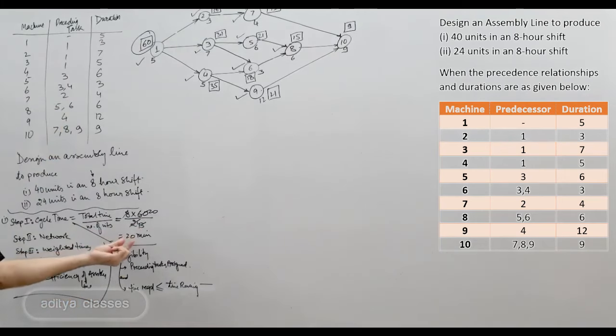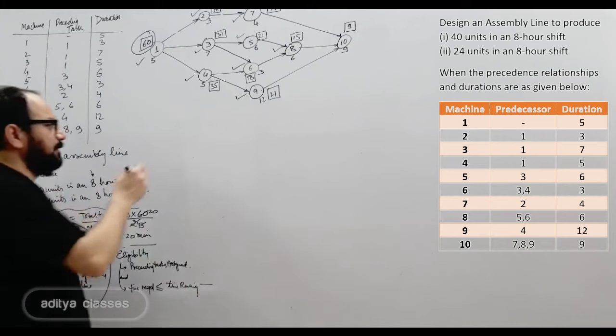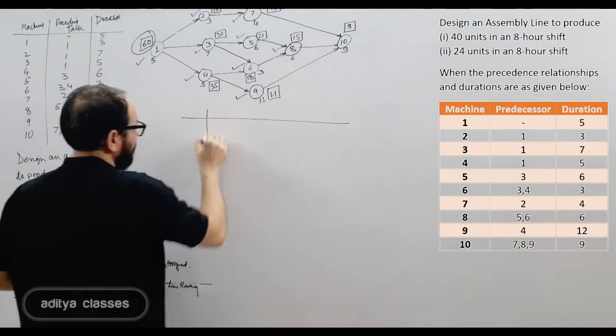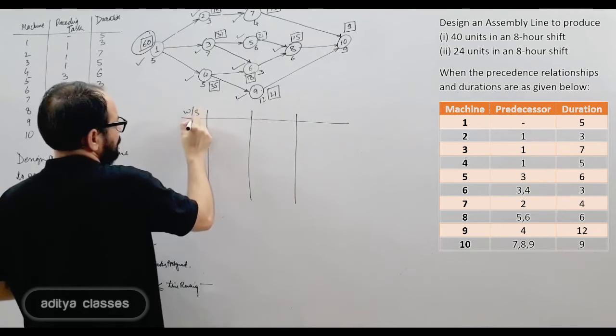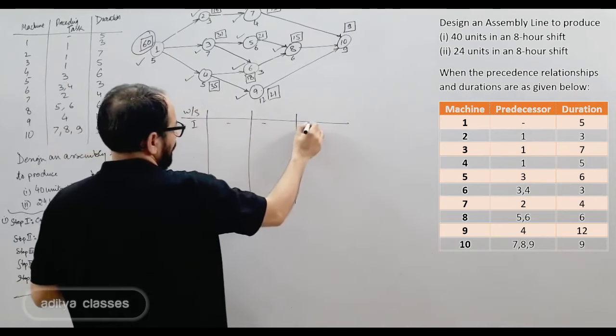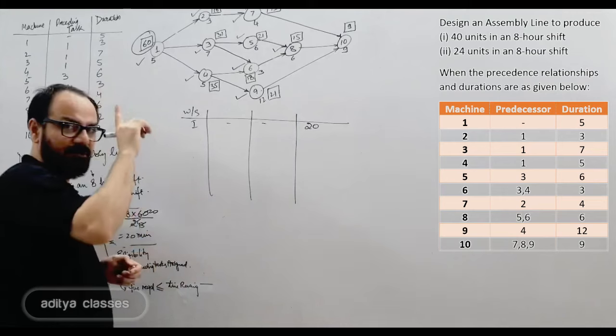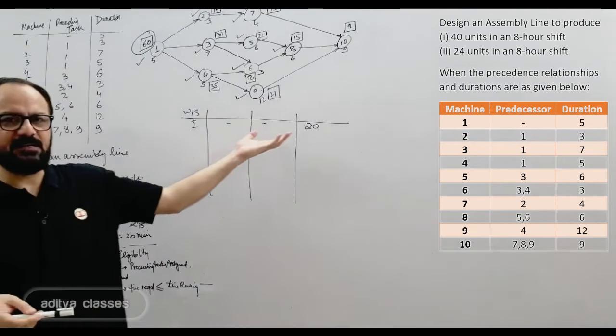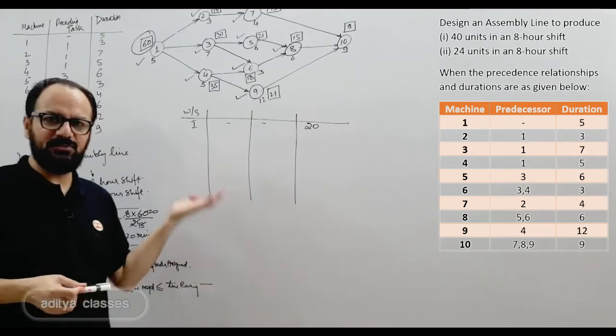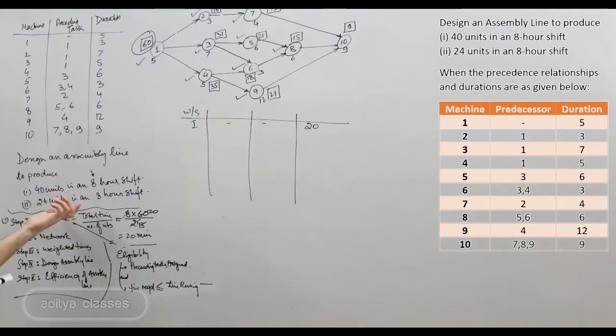So this is where the difference comes in. When you start workstation 1, you get 20 minutes as compared to 12 minutes in our earlier case. You can go ahead and assign these. This will be a practice problem for us to design an assembly line with 24 units.